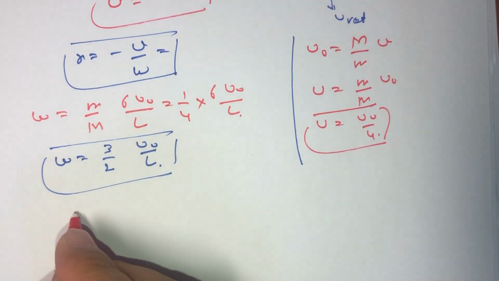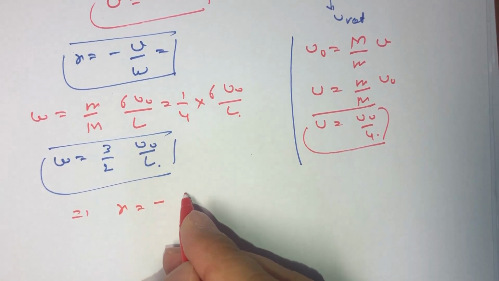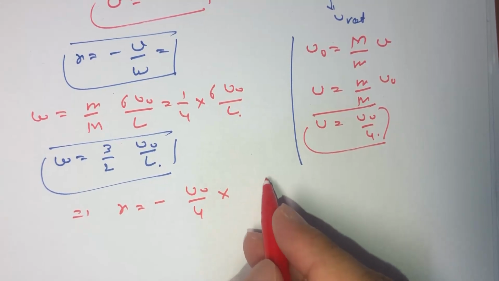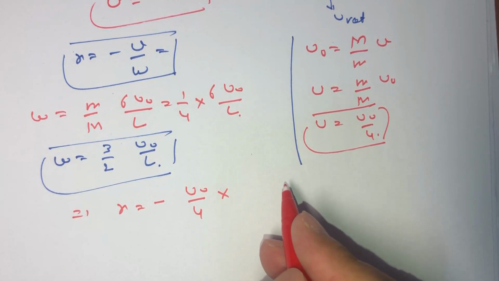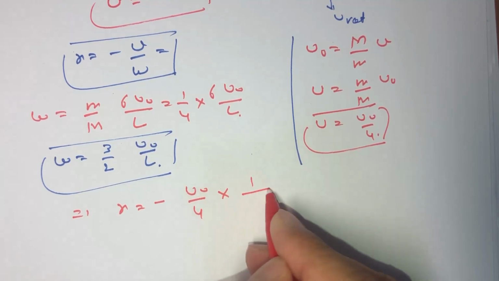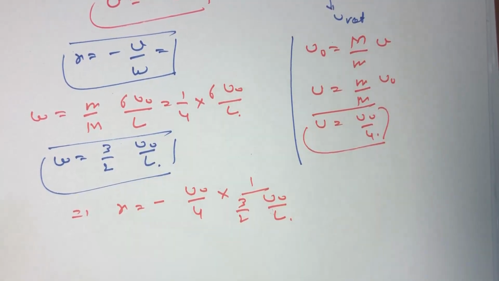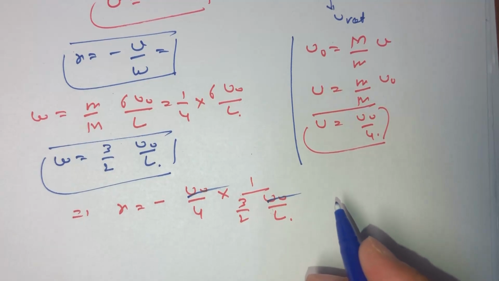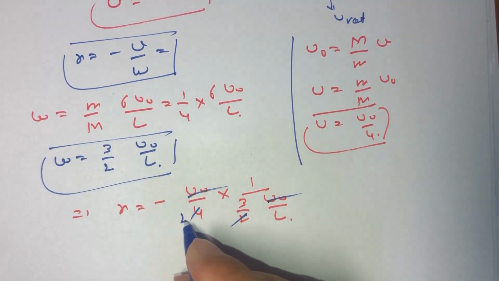So I can write, therefore x is equal to minus V0 upon 4 multiplied by, here it is, 1 upon 3 by 2 V0 upon L. So V0 and V0 go away, and we can write this as 3 and this is 2.